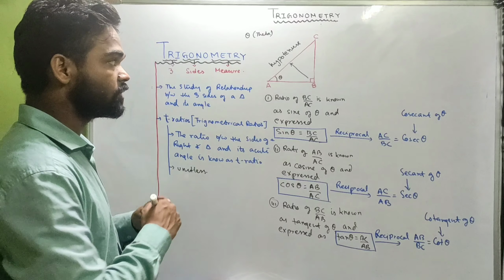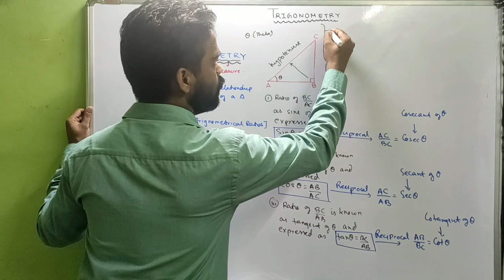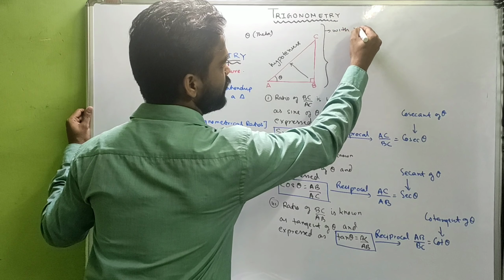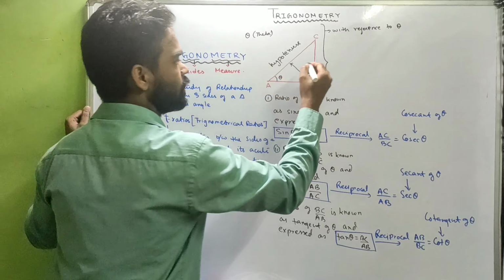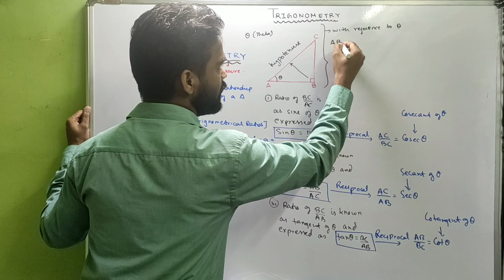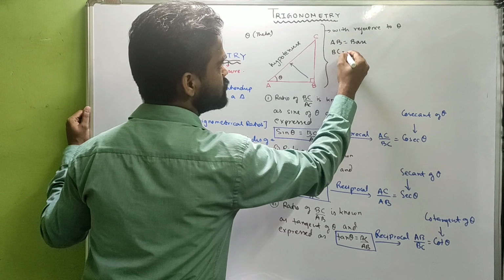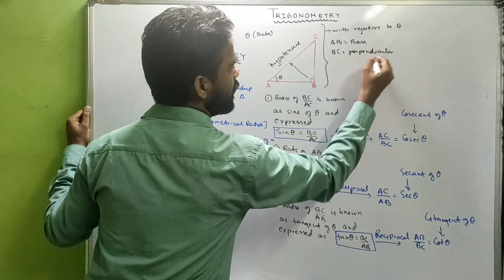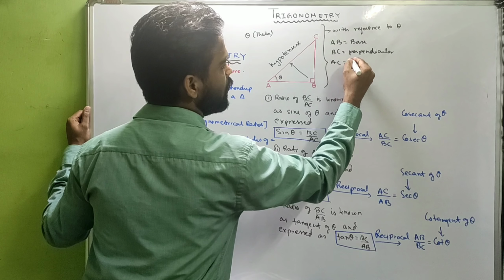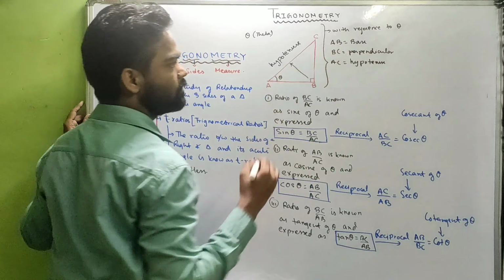Now a very important thing to note over here. Just look over here. With reference to theta, the angle in consideration, in this triangle, your AB is your base, your BC is your perpendicular, and your AC is hypotenuse. That is fixed, no doubt in that. Am I clear?